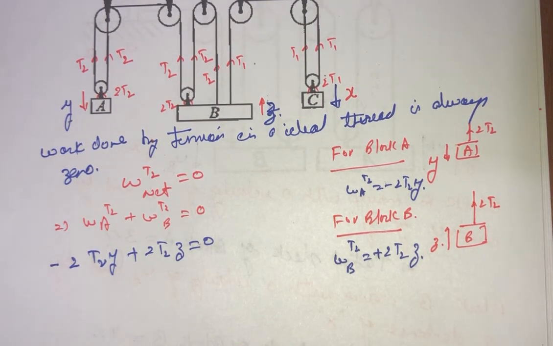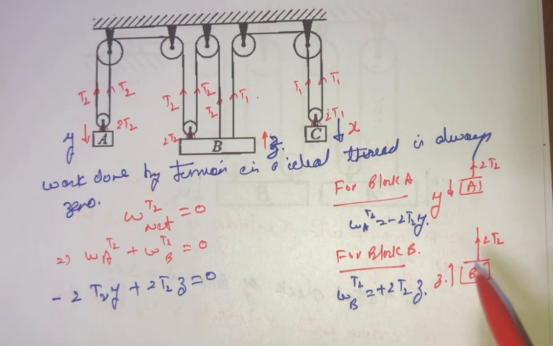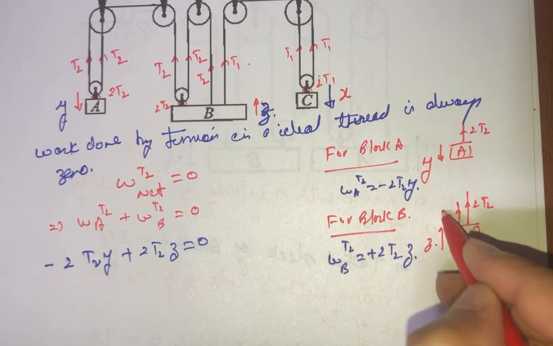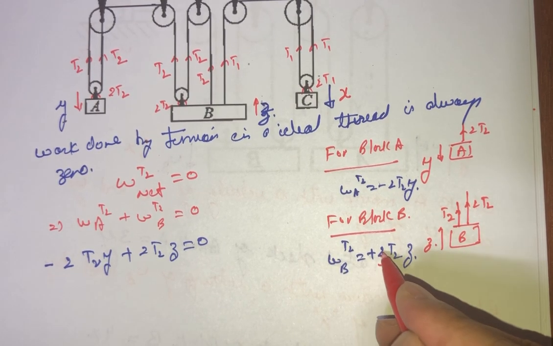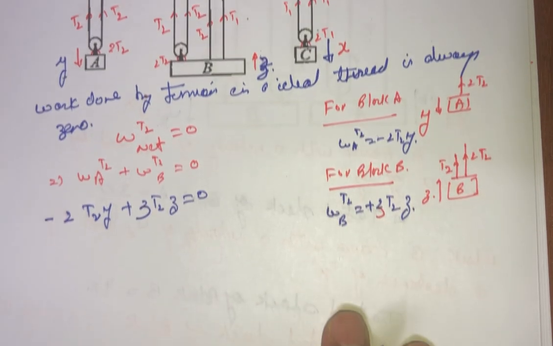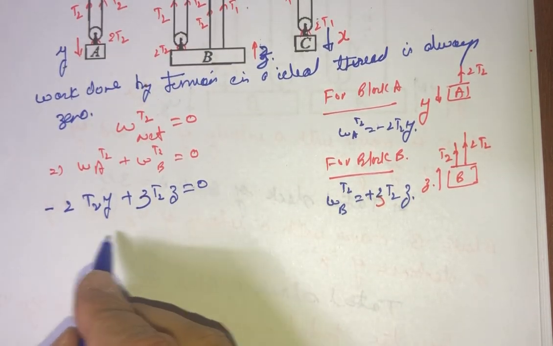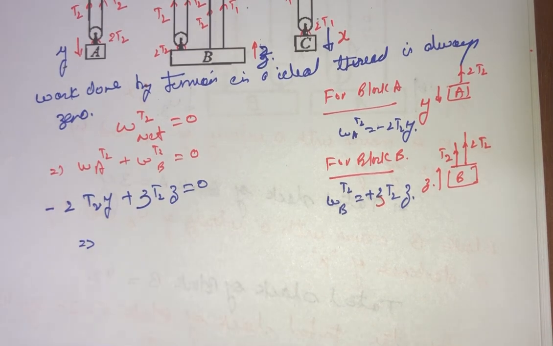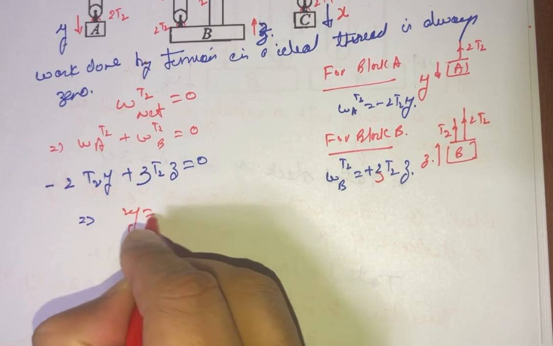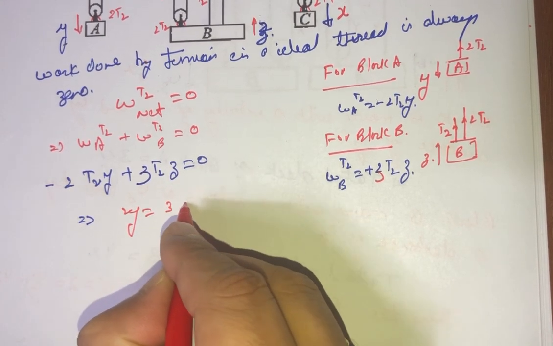Sorry, it will be thrice, my mistake. Okay, because this mass is having two tensions T2, so this will be thrice. So from here we can write the relationship as 2y is equal to 3z.